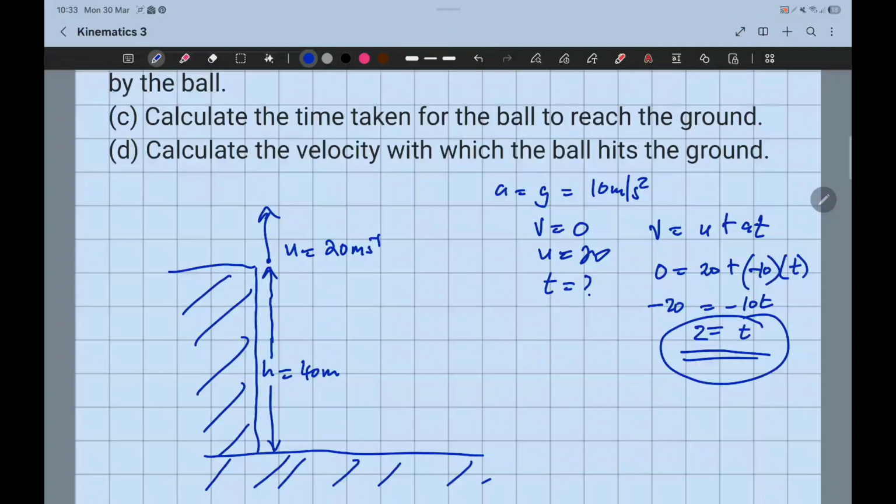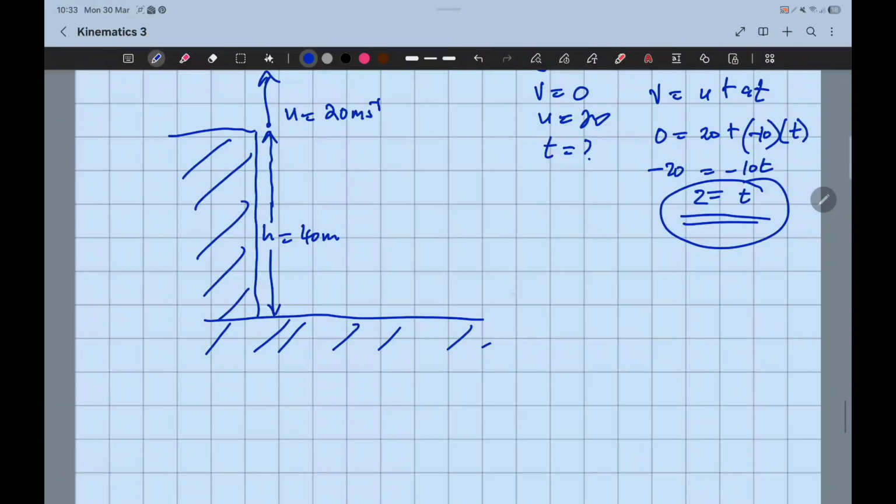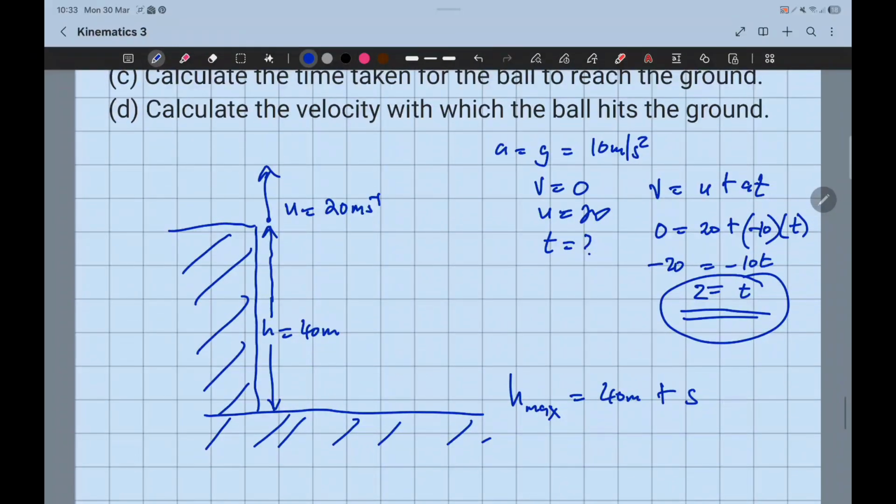Then calculate the maximum height above the ground reached by the ball. So maximum height yedu, height max, is equal to 40 meters plus s, where s is the distance ichafambwa nebhora from pairi panapa to the maximum height.